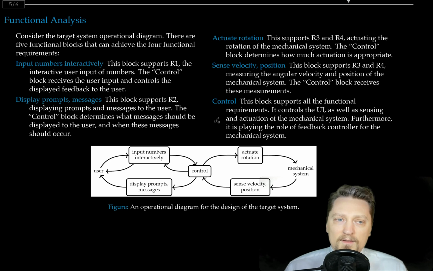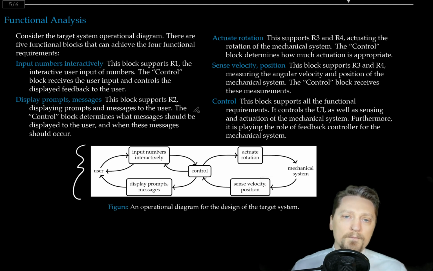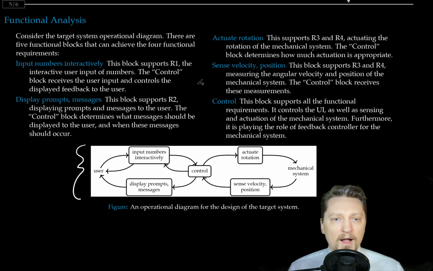Functional analysis. Consider the target system operational diagram shown in the figure, right here. There are 5 functional blocks that can achieve the 4 functional requirements. Input numbers interactively. So this block. This block supports R1, the interactive user input of numbers.